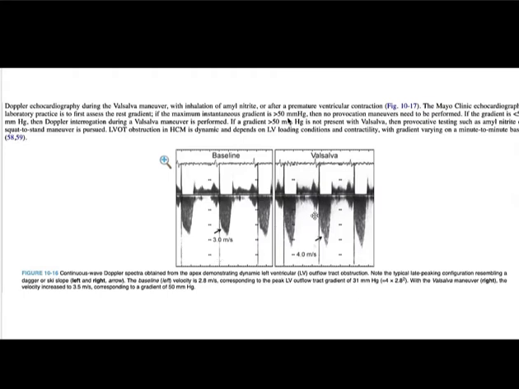If it does not reach 50 millimeters of mercury, you may consider doing a Valsalva. If your results are still not satisfactory and you suspect an obstruction, you may do a provocative maneuver such as amyl nitrate administration or squat to stand, to decrease the afterload and bring on the obstruction.